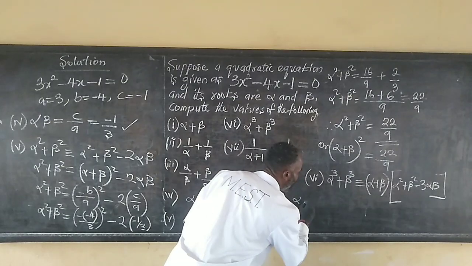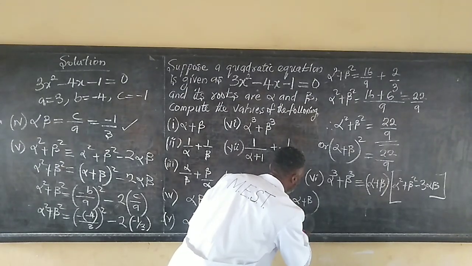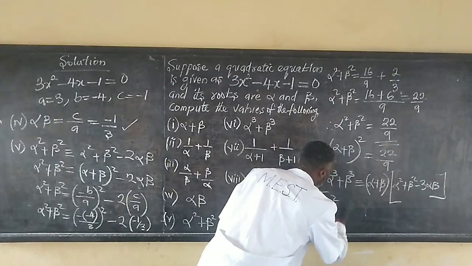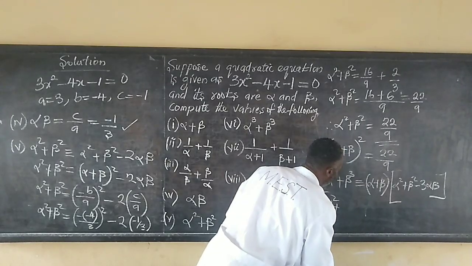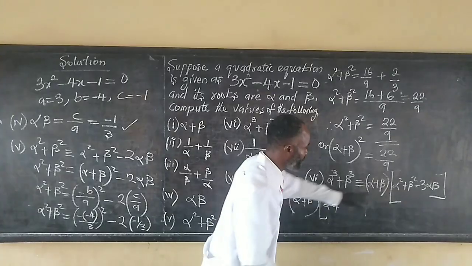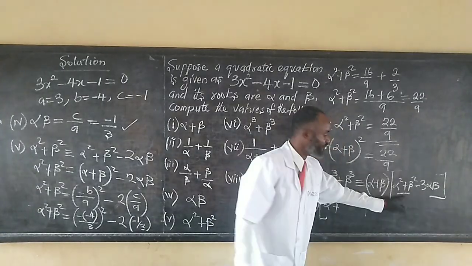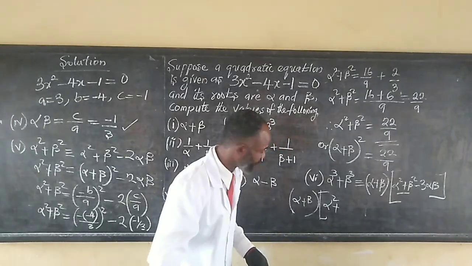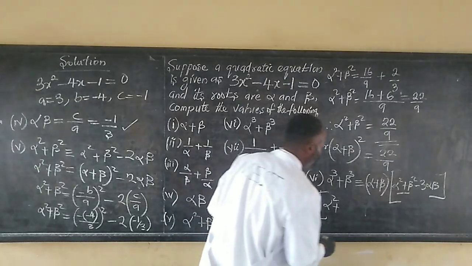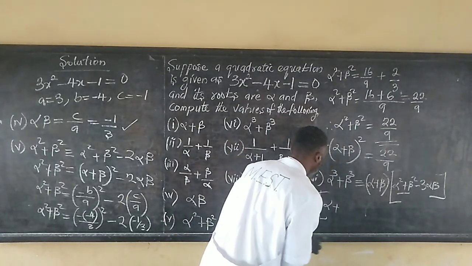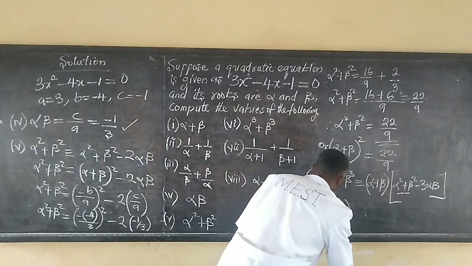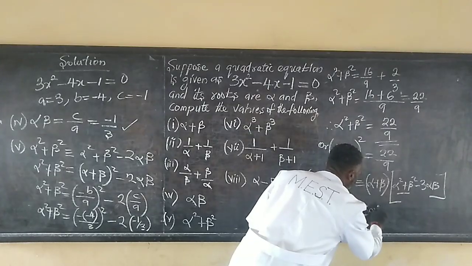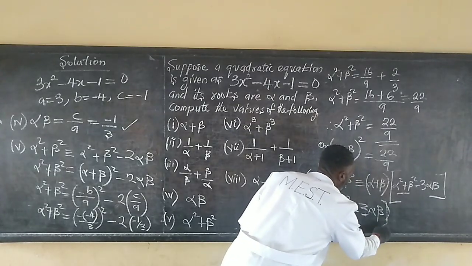We have alpha plus beta all close once again into alpha squared plus. We can as well change this at this point. We can change this to something moderate. Since we have that, this could be together like this, and then we maintain 3 alpha beta. This is in square brackets.